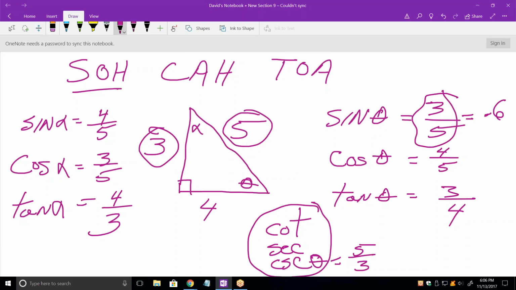In other words, it's the opposite side over the hypotenuse. Now, if this is a 6, 8, 10 triangle, which is just a multiple of the 3, 4, 5 triangle, then the sine of theta would be 6/10, and you could simplify that to 3/5, but you wouldn't want to give it as a decimal.